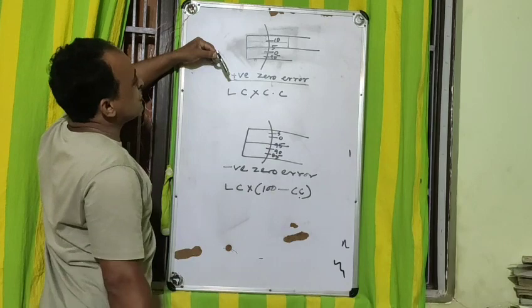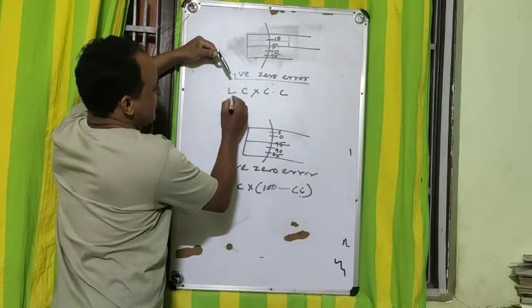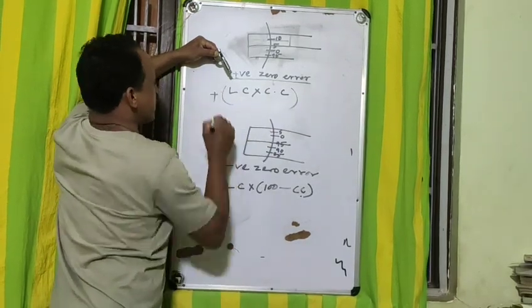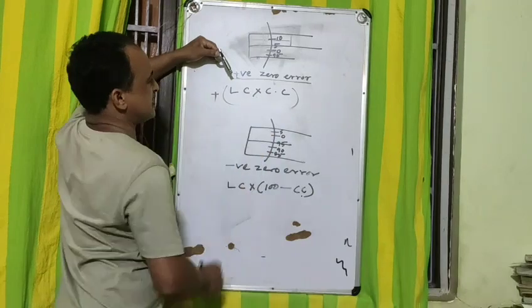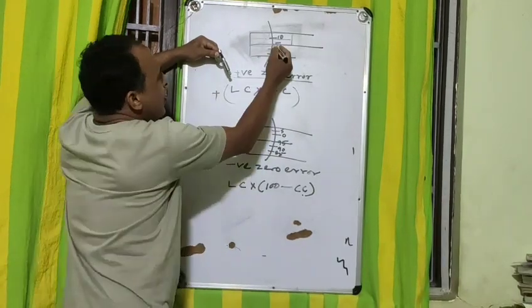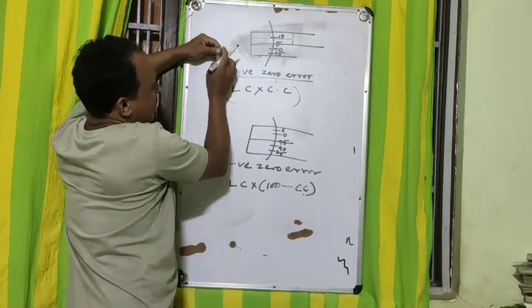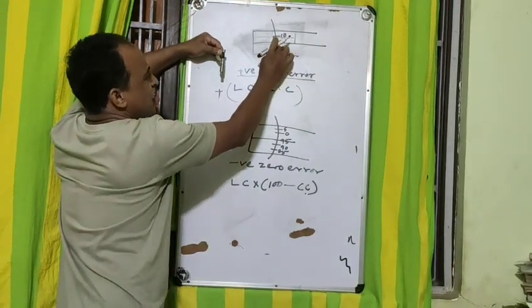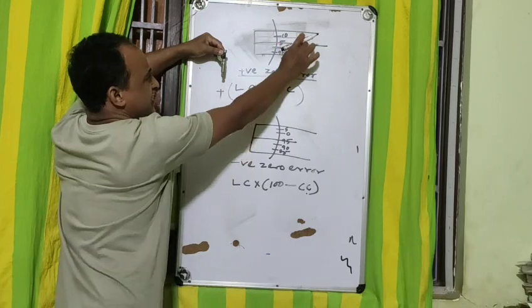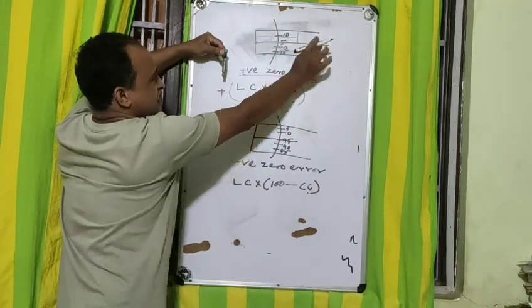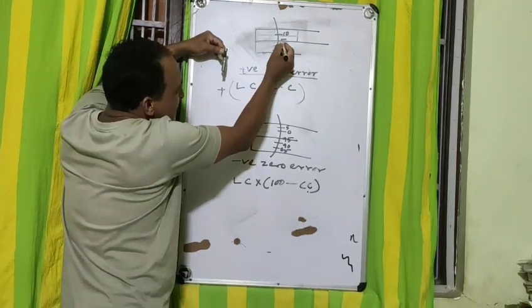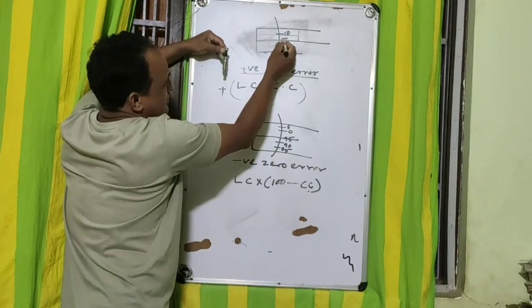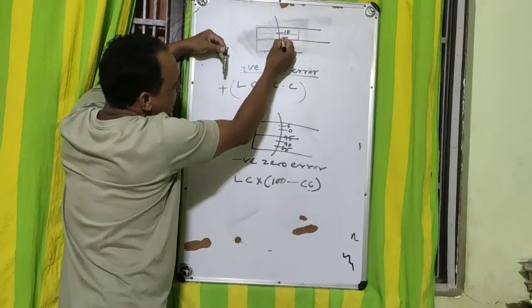How do we find the positive zero error? Positive zero error is equal to plus LC into CC. What is CC? When stud A and the sleeve are in close contact, the zero of the circular scale is below the baseline, and the 5th division is on the baseline.